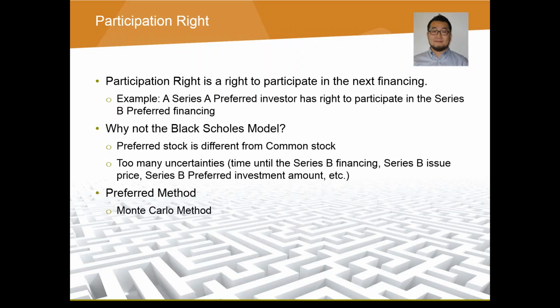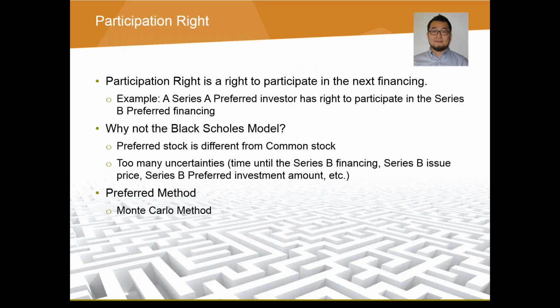And the preferred method to value this participation right is not the Black-Scholes model, because first of all, it's talking about preferred stock, whereas the Black-Scholes model is applicable primarily only to common stock, and it involves a lot of uncertainties and a lot of events that are not captured in the Black-Scholes model.